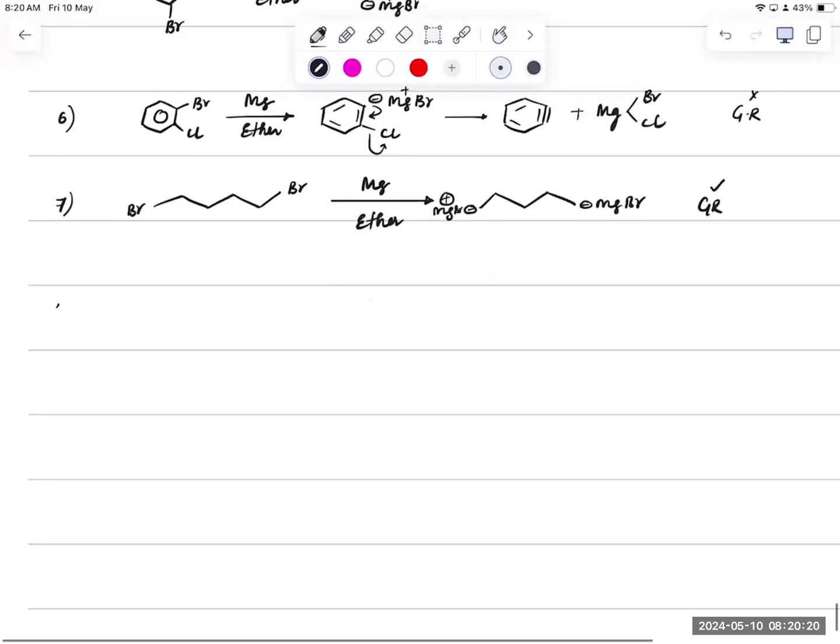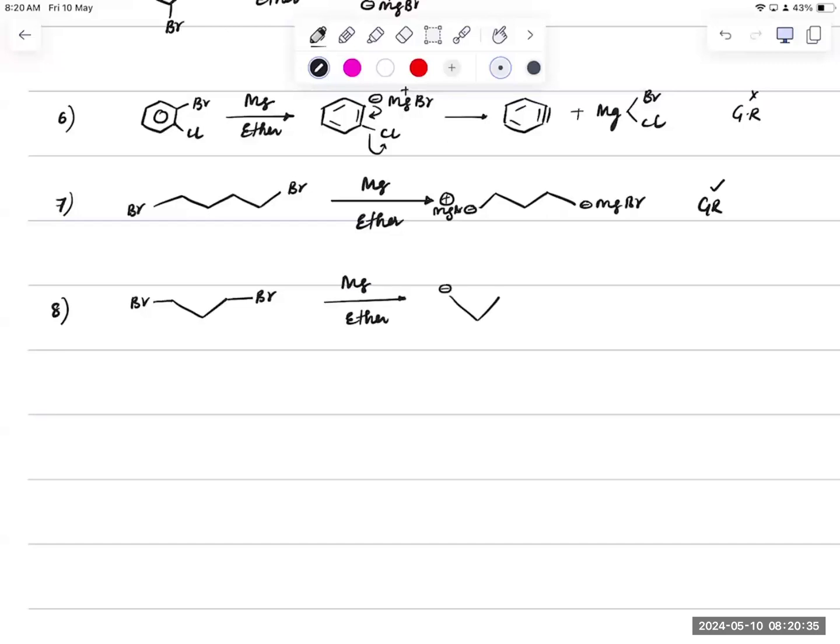But in case you have only 3 carbons, 1, 2, 3 carbons, and then we have Br here and Br here. In case of 3 carbons, with magnesium and ether, first we will get a minus charge forming here with MgBr plus, and internally this minus charge will push here and remove bromine to form cyclopropane, plus MgBr2.